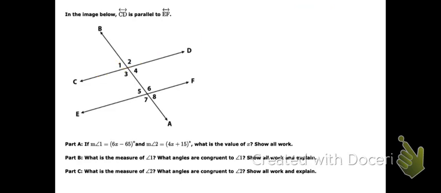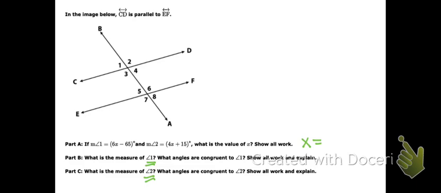Then once you figure out what x equals, you're going to use that to give the measure for angle 1 and angle 2. So question B is asking what is the measure for angle 1. Question C is asking what is the measure for angle 2.